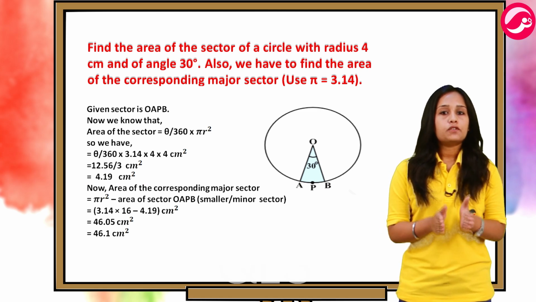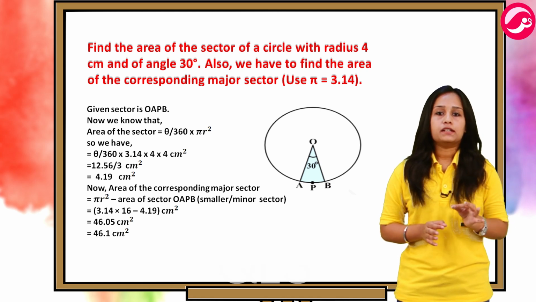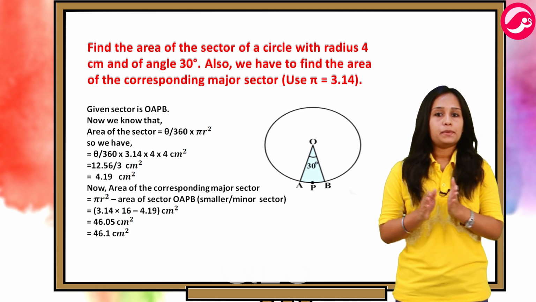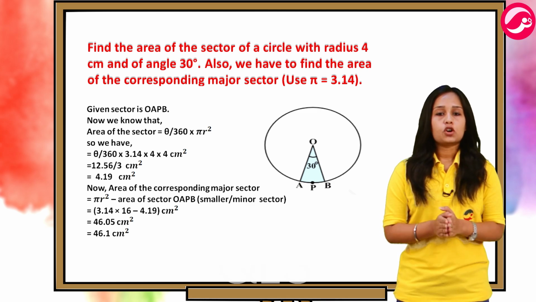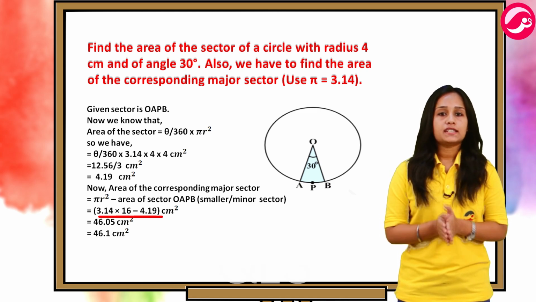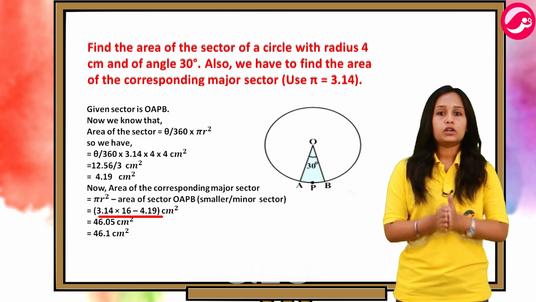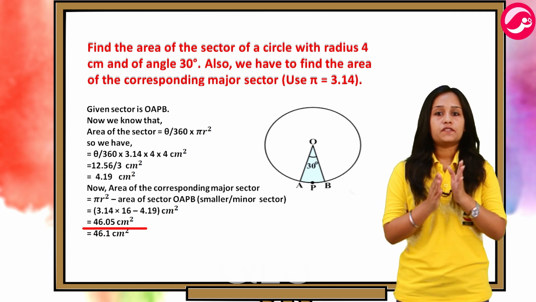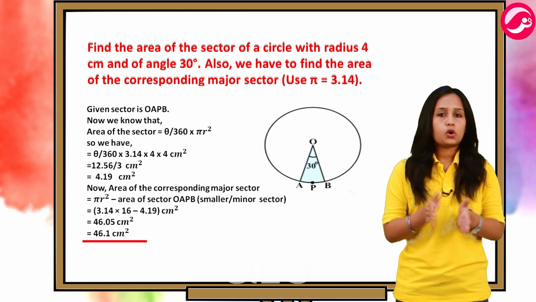Now area of the corresponding major sector will be equal to pi r square minus area of sector OAPB, that is the smaller or the minor sector. So 3.14 into 16 minus 4.19 centimeter square is equal to 46.05 centimeter squares or 46.1 centimeter square approximately.